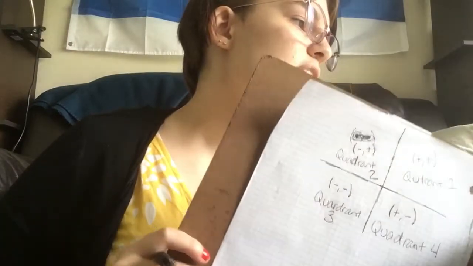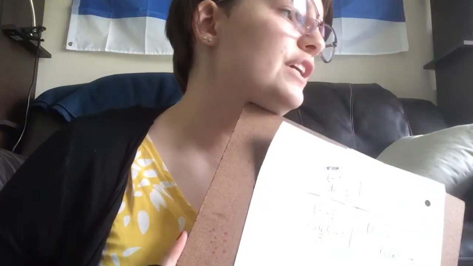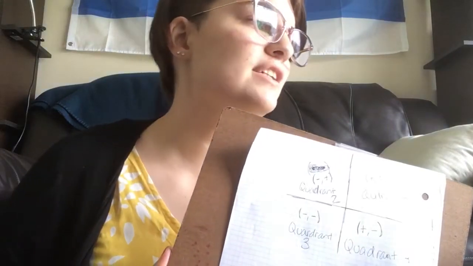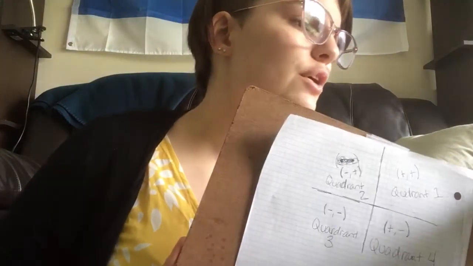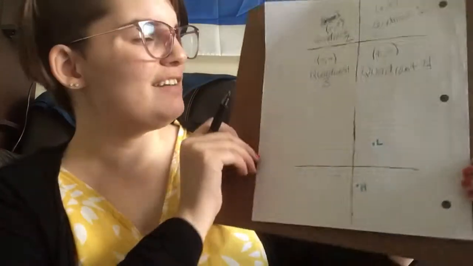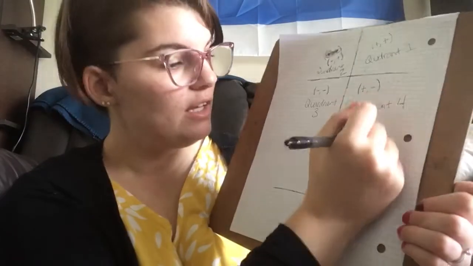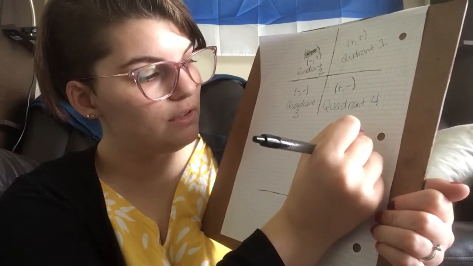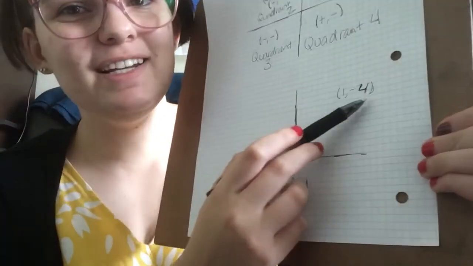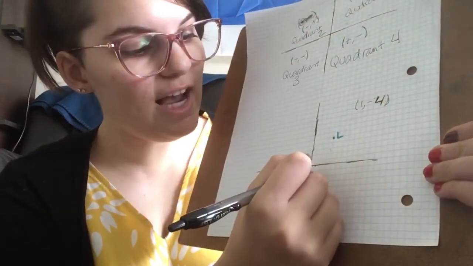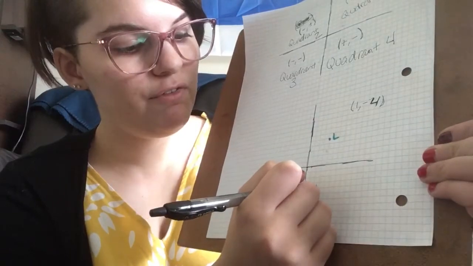It says, name the point for each ordered pair and the quadrant or axis on which it lies. The first one says 1, -4. If I have 1, -4, then I know I'm going over 1 and then down 1, 2, 3, 4.